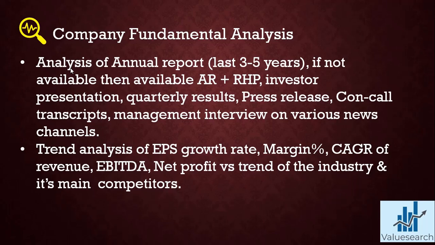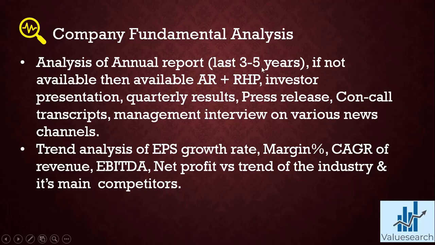Now, while you are going to analyze any company particularly, what are the sources you must look at? The first and foremost and the most important source you must consider is analysis of the annual reports of the last 3 to 5 years.